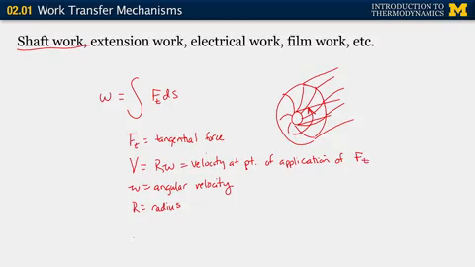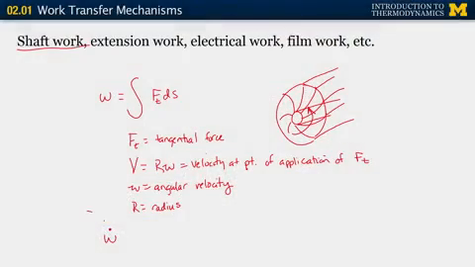Okay, so if we put that together, now I'm going to introduce another term here, or at least a form of an expression. We're going to take that W and we're going to put an over dot on that. And that is always going to mean that the variable is on a per unit time basis, or a rate basis. Okay.